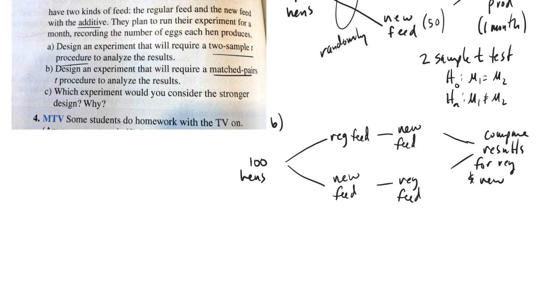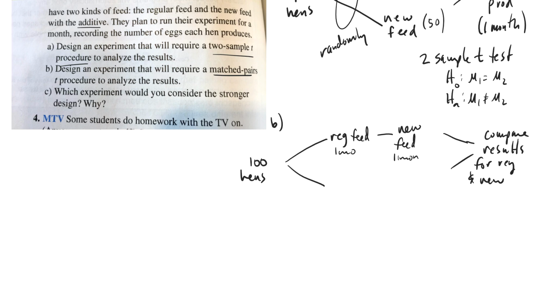Okay, so I did a couple of things here. First of all, let me just say this. If I didn't have that, would this be an okay comparison? I do the regular feed for a month. I do the new feed for a month and see how many they lay and compare those 2.